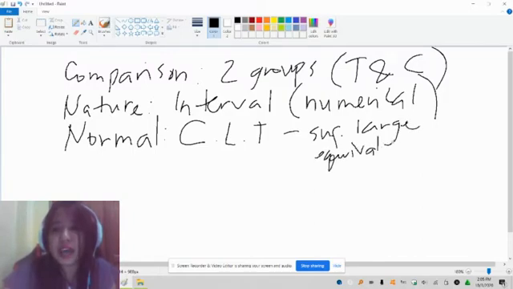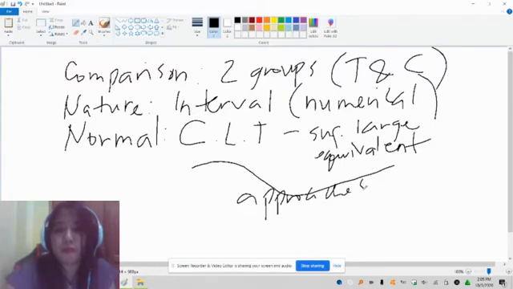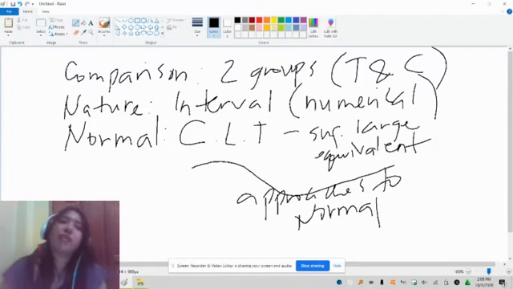So by CLT, it approaches normal, which means our data is normally distributed.